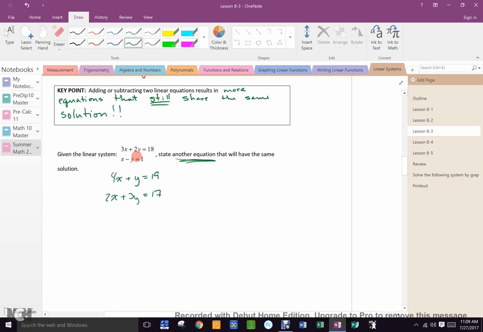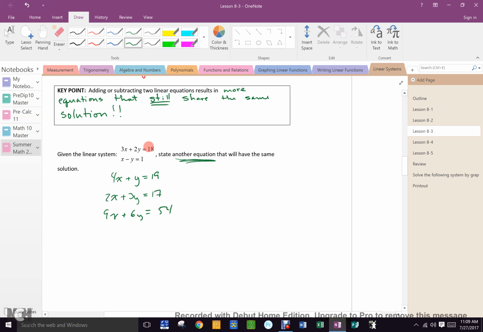I could multiply what? Any number through which equation? I could multiply any number, which we proved with our first exercise in these notes, through which equation? Can I do either one of them? Yes. So I could do 9x plus 6y equals 54, couldn't I?